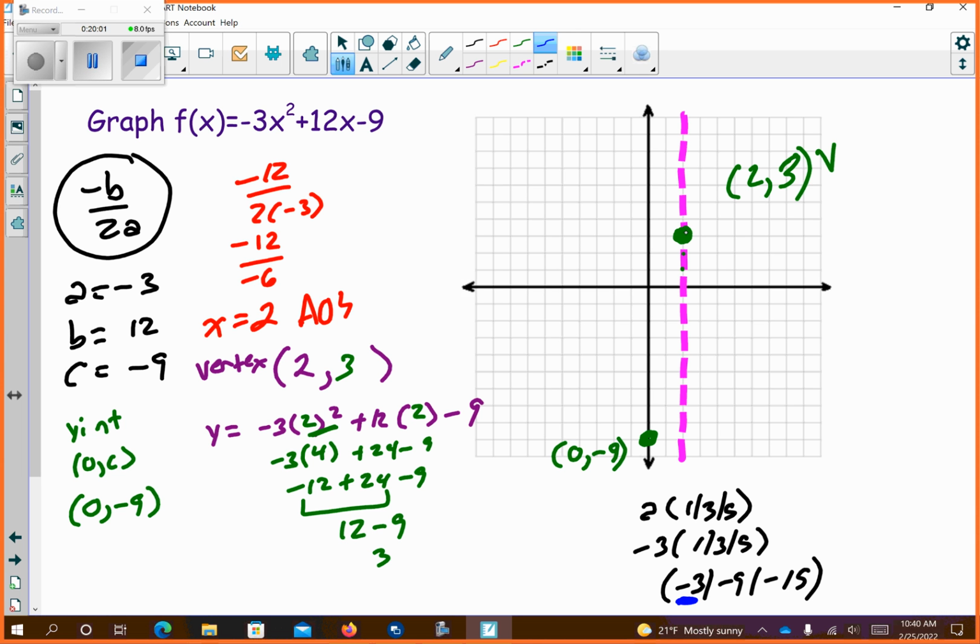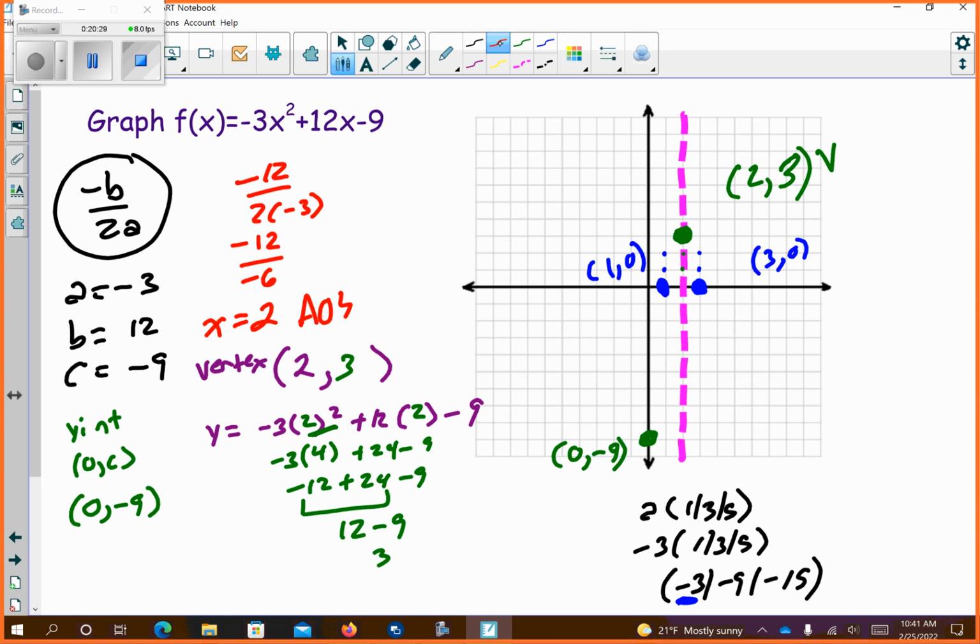From the vertex. Right one down 3. Left one down 3. What did those just find us? Yeah, they found us some roots. Okay, how do we know the roots? They cross the x-axis, making a point on the x-axis. They also have y values that are 0.